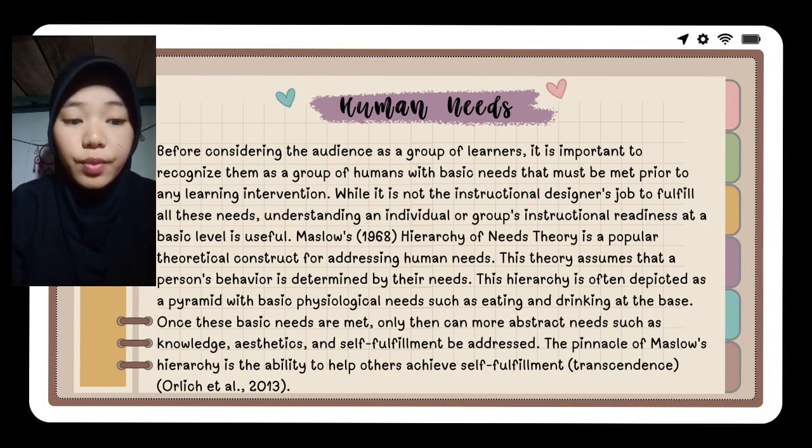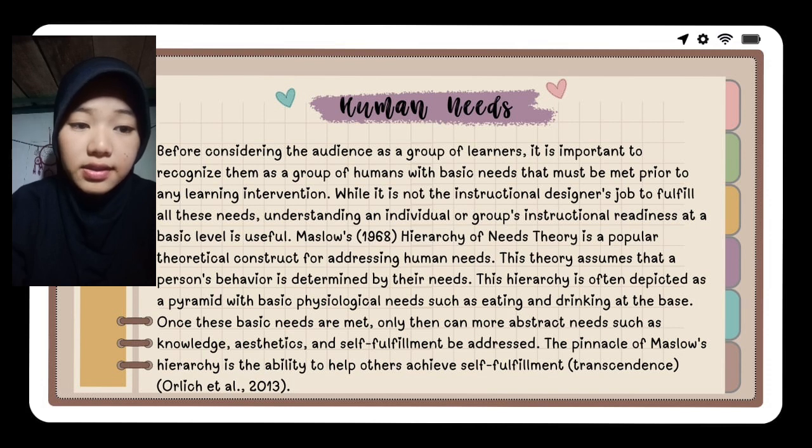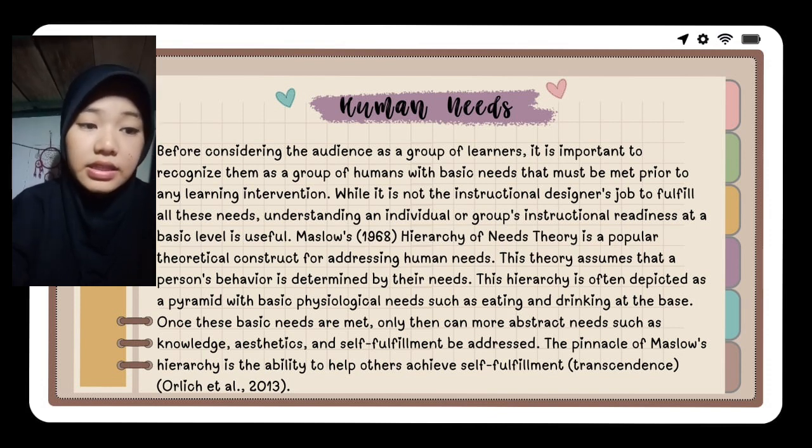One of the most popular theoretical constructions to address the issues of human needs is Maslow's hierarchy of needs. Maslow's theory assumes that at any given time, a person's behavior is determined by his or her needs.